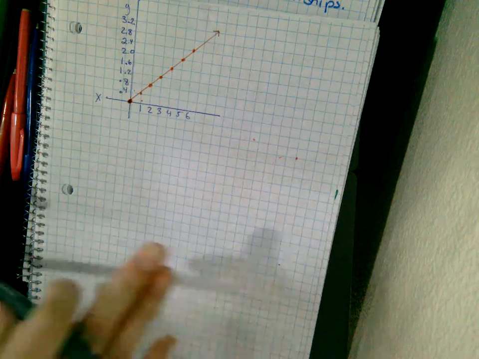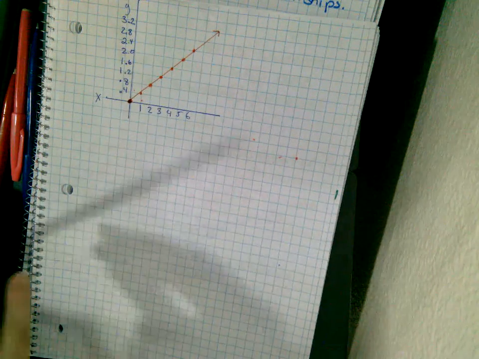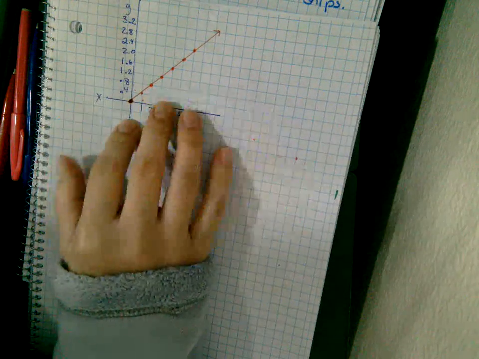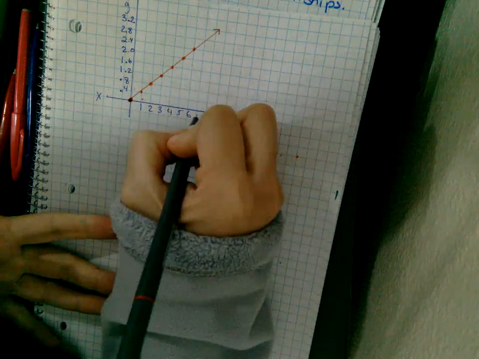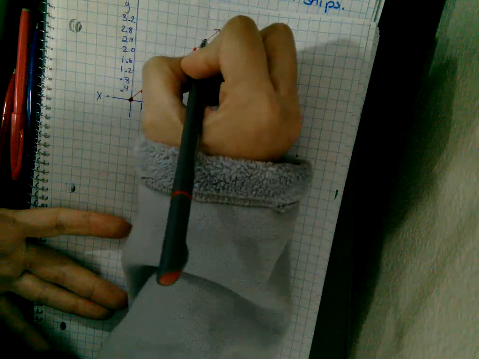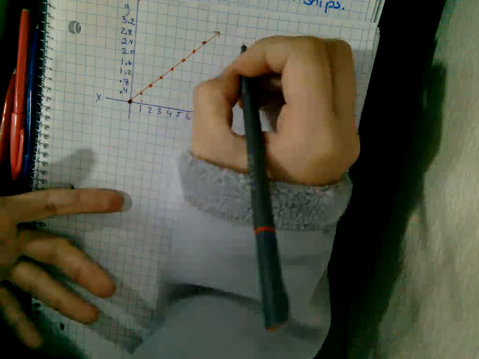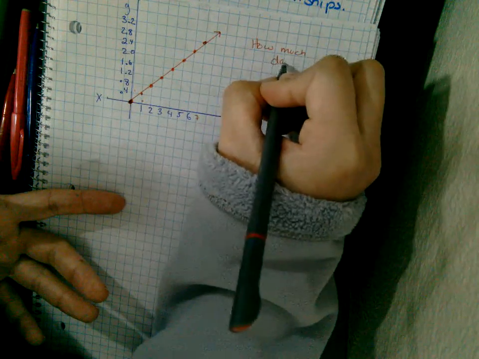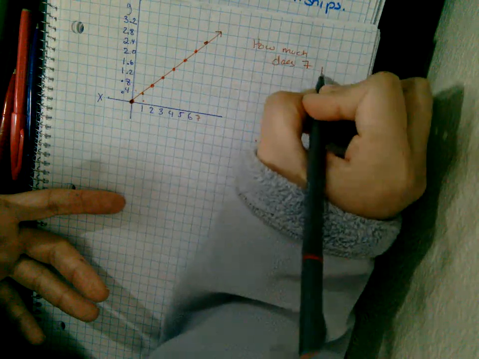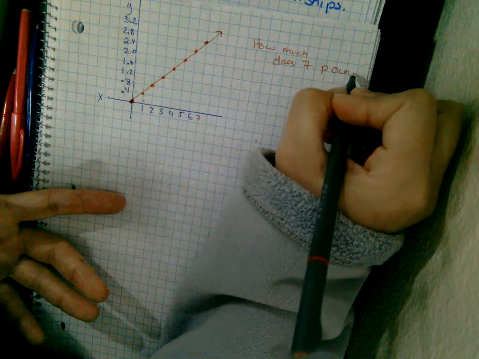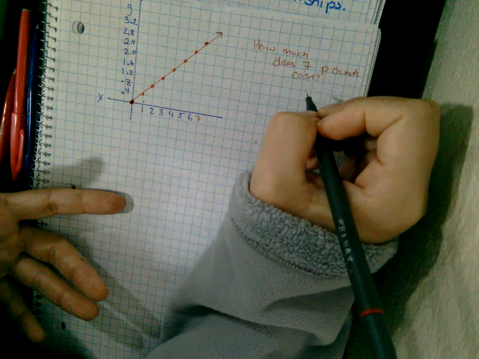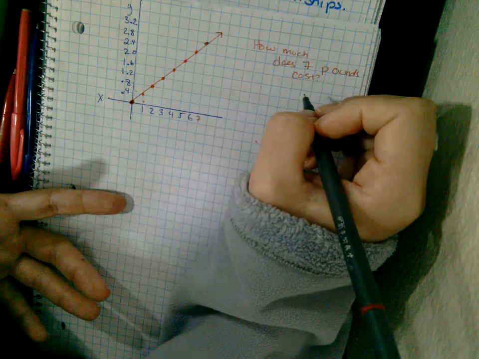Any questions on this? Now, later on, or right now, I can ask you questions from the graph. Like if I were to do 7, the question might be, how much does 7 pounds cost?